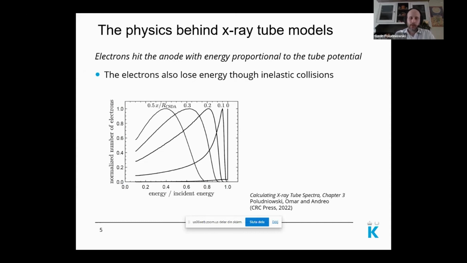But as you go to planes at greater and greater depth, the mean energy of the electrons goes down because they've lost energy, and they get a wider spread in energy as well. This is both due to stochastic energy loss and also the different paths which they took to get to that point and pass through that plane.